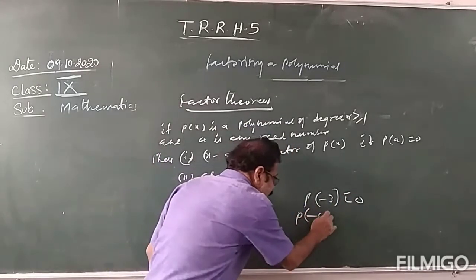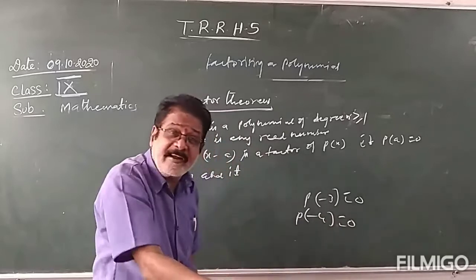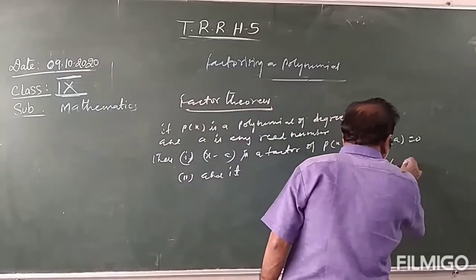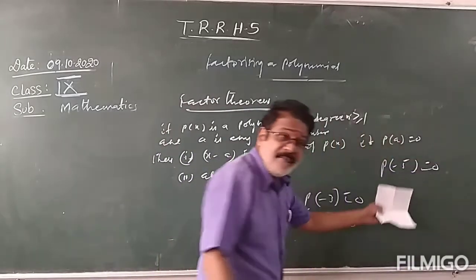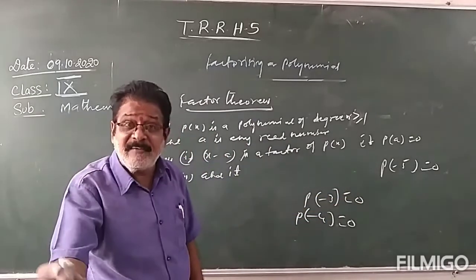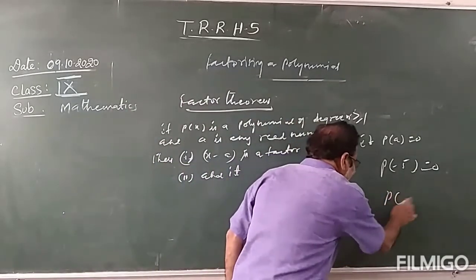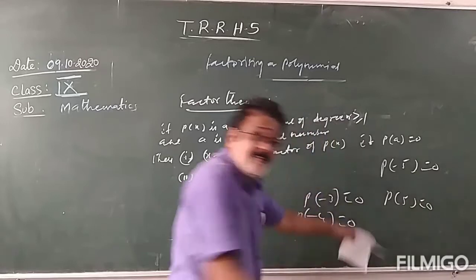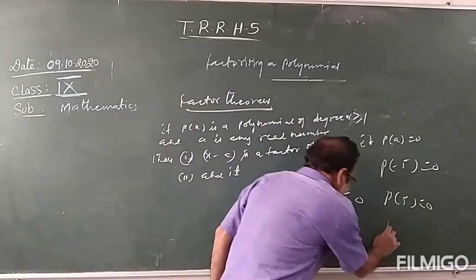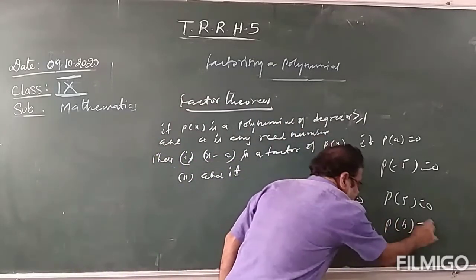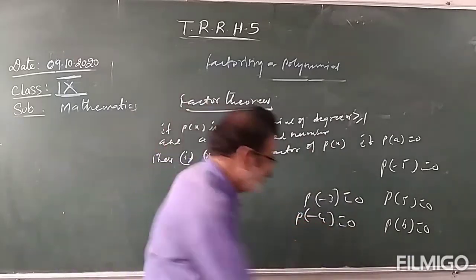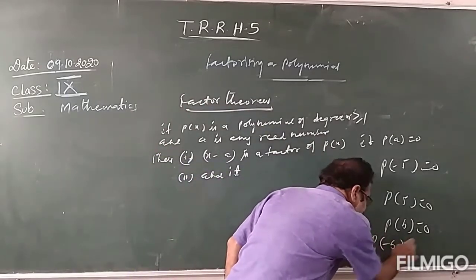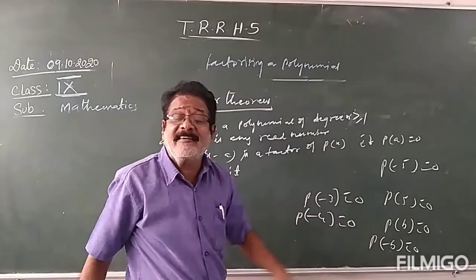If P of minus 4 equals 0, x plus 4 is a factor. If P of minus 5 equals 0, x plus 5 is a factor. If P of 5 equals 0, x minus 5 is a factor. If P of b is 0, x minus b is a factor. If P of minus b equals 0, x plus b is a factor.